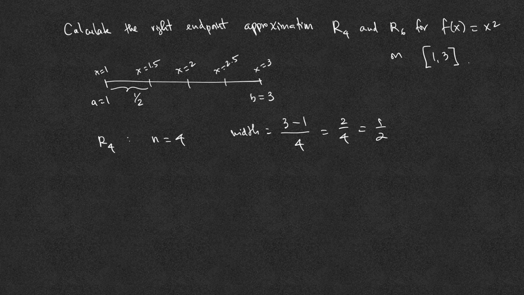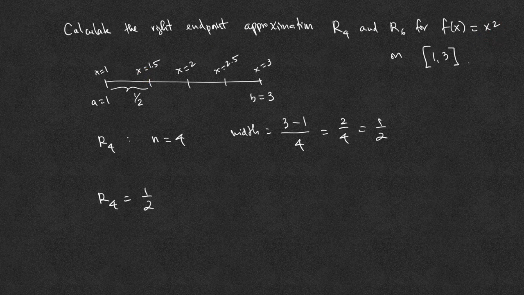There are 4 rectangles. The first rectangle has a width of 1/2, and the height is found with the corresponding x equals 1.5, the right endpoint of the first subinterval. We would plug this into the function to find the height.